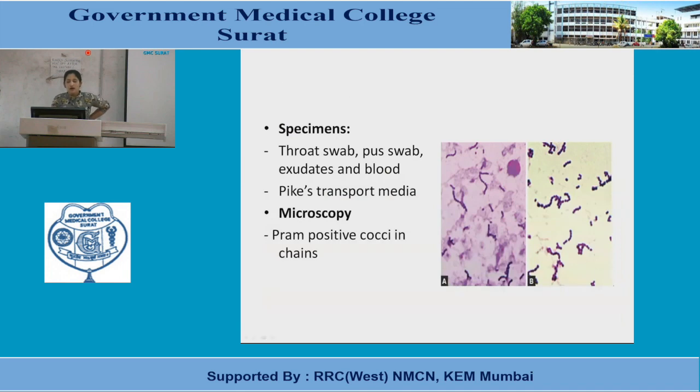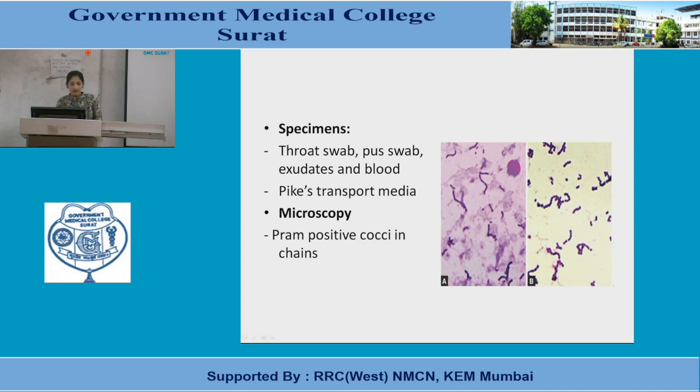So what types of samples do we have to collect to diagnose a case of streptococcal infection? Suppose the patient has a pharyngitis infection, so obviously we have to take a throat swab. If there is any skin or soft tissue infection, a pus-forming suppurative condition, we have to take a pus swab or exudate coming out from the lesions.